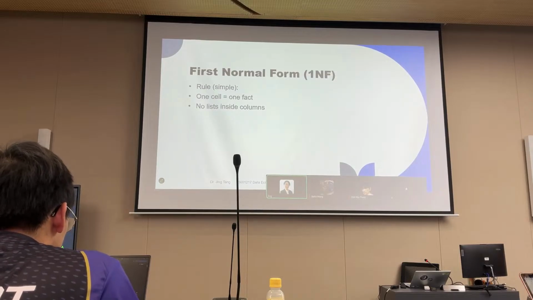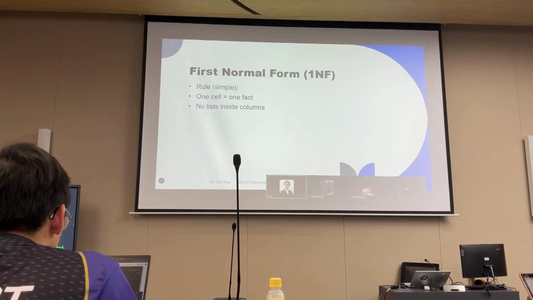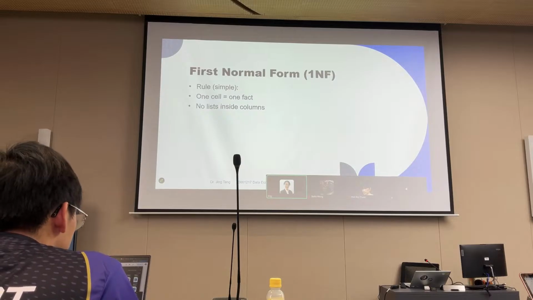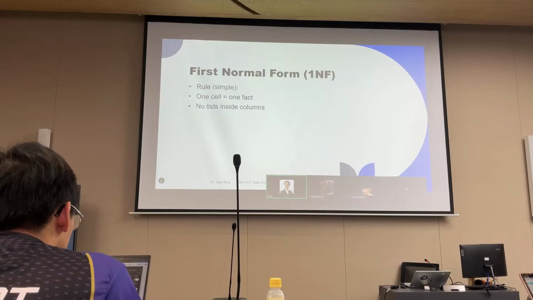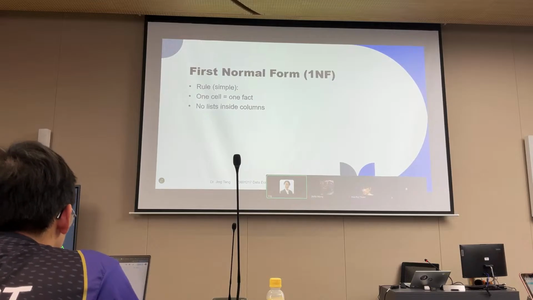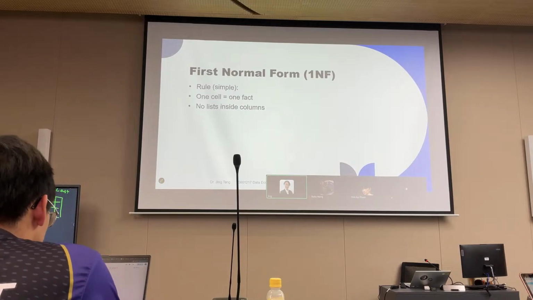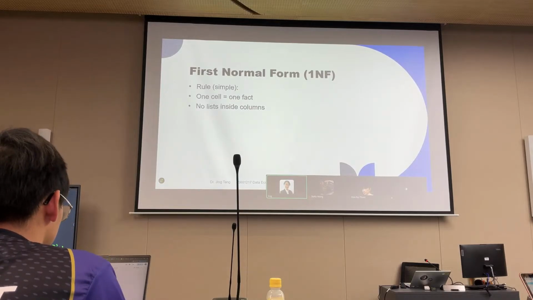Maybe you have something like student ID, maybe product ID, but no problem, these two combined make the row unique. Anyway, they need a primary key. You should be able to find the primary key there. If there is no primary key, it cannot be 1NF.